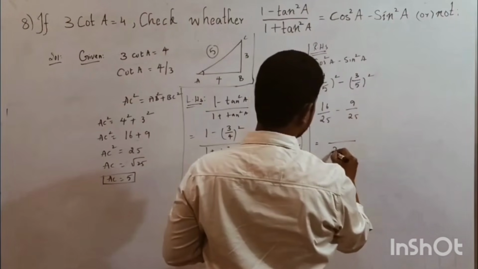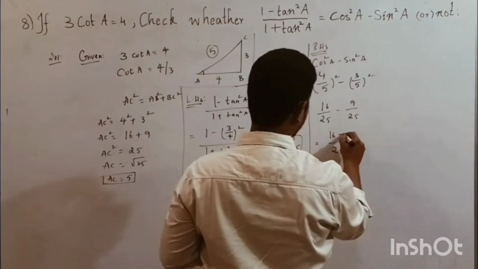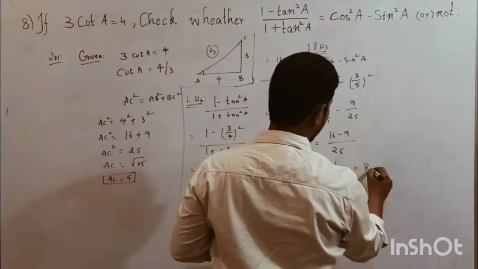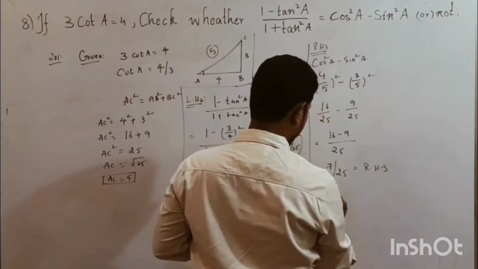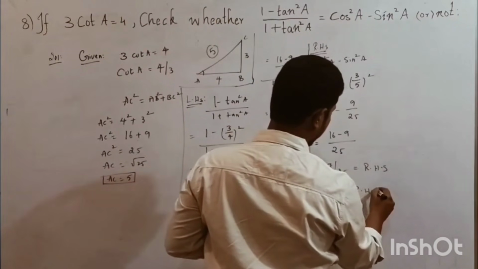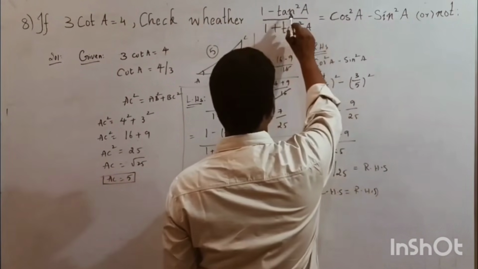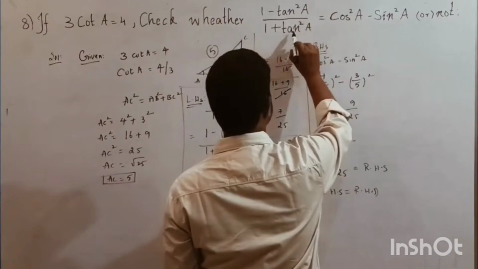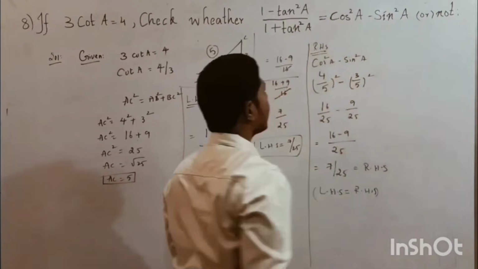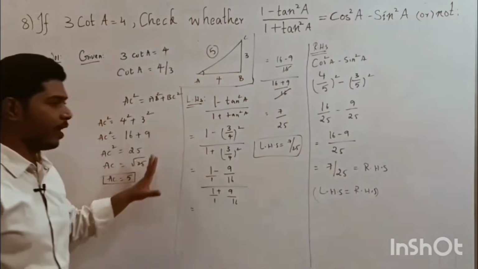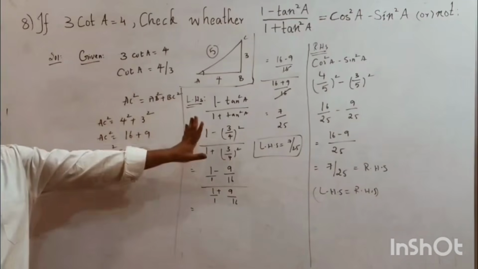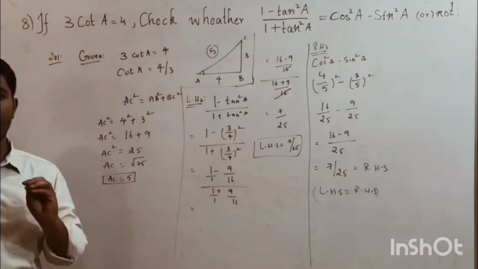The LCM is 25. 16 minus 9, that is 7 by 25, which is the RHS. Therefore, LHS is equal to RHS. We can say that (1 minus tan square A) by (1 plus tan square A), yes, it is equal to cos square A minus sin square A. This is the solution for the question. This is the complete solution of the 8th question in the 8.1 exercise.